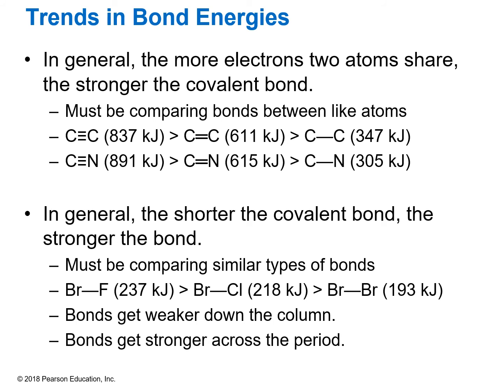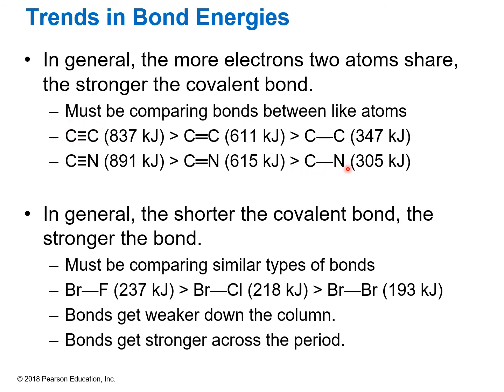I thought we were going to hop right into working one, but I forgot I left the slide in here. So if we look at the values, and these values come from charts, we can see that starting with just a simple carbon-carbon bond, 347 kilojoules. But if we double the bond, that's actually a shorter bond. And look, it takes a lot more energy to break up a double bond, and then it takes even more to break up a triple bond.